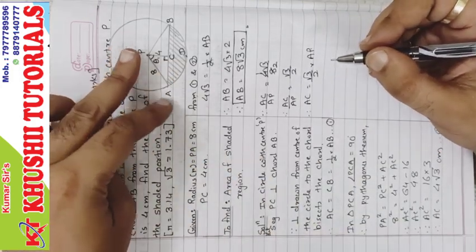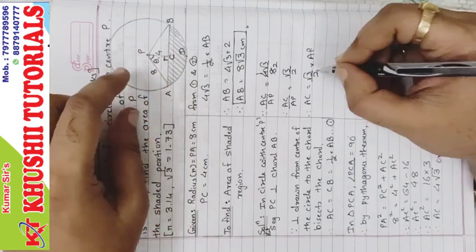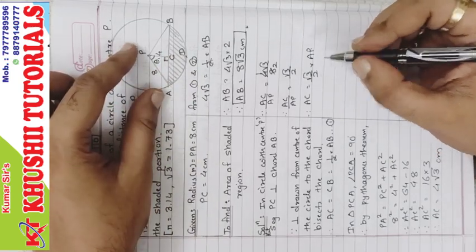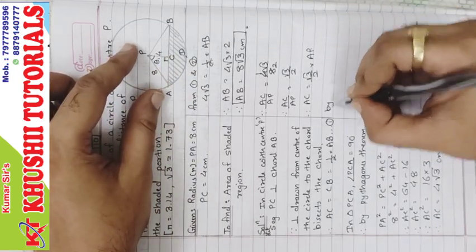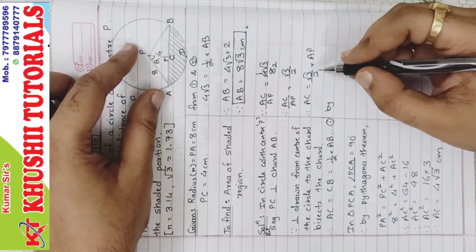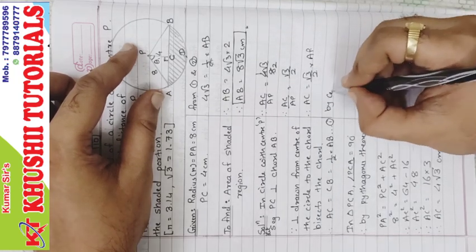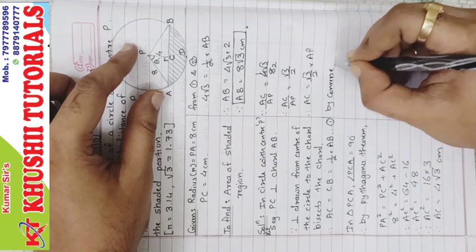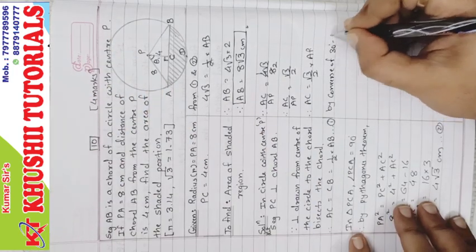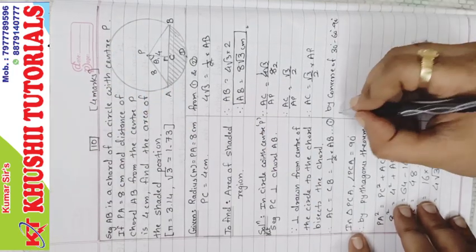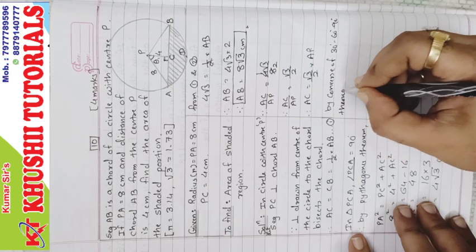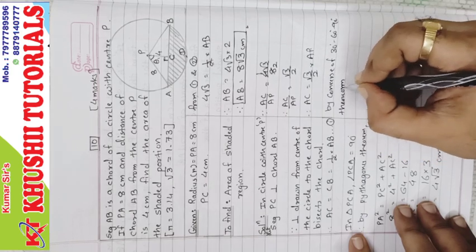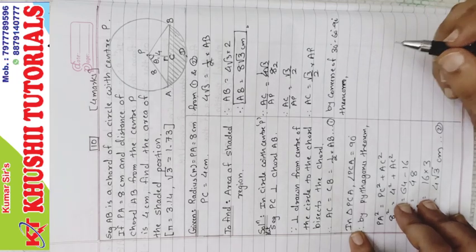Therefore by converse of 30-60-90 theorem. Hope you know that 30-60-90 theorem. What is 30-60-90 theorem?